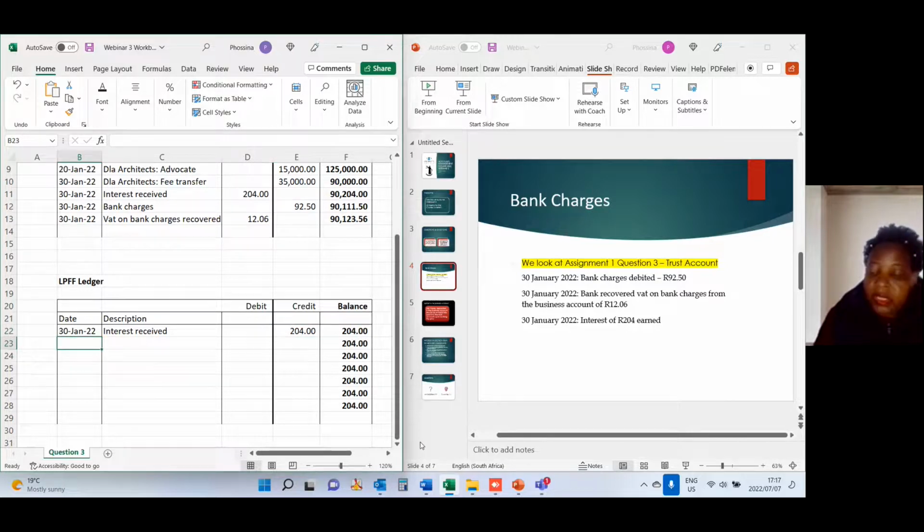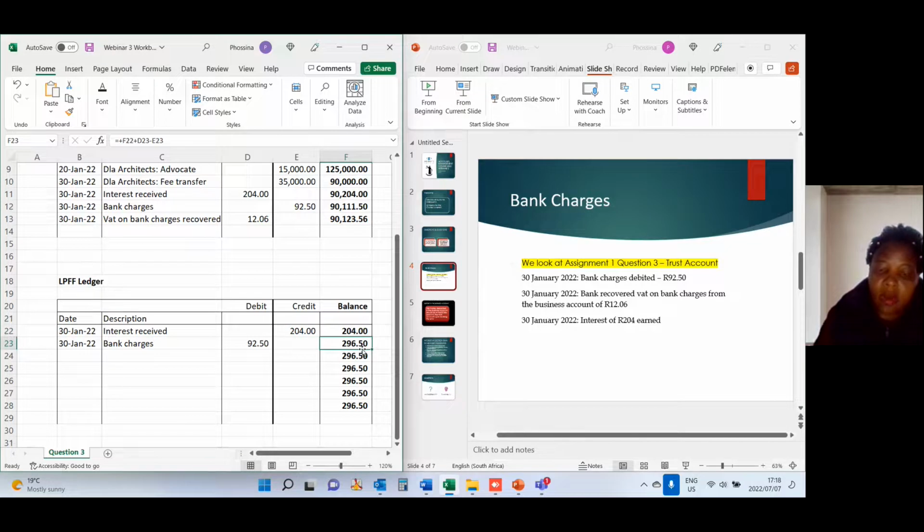And then we record the bank charges. Remember, we pay the net amount. So the bank charges for that month, we are going to have a debit balance. Why a debit amount? To debit the account, what we are saying is that we are reducing our balance of 204. To the fund, we can't give them 204, we have to reduce.